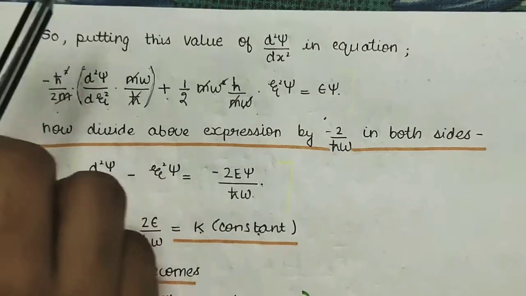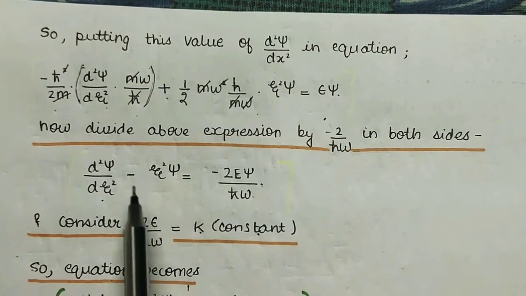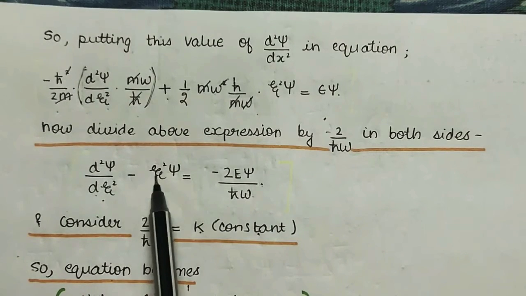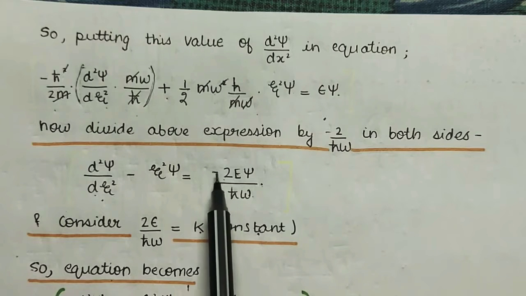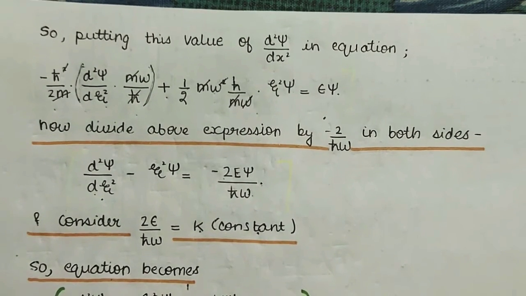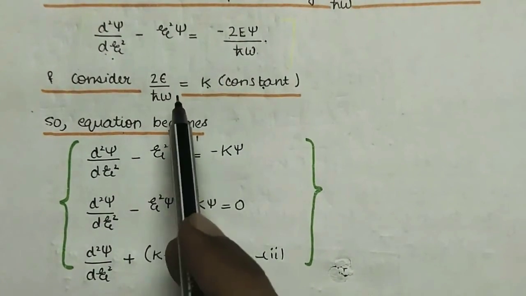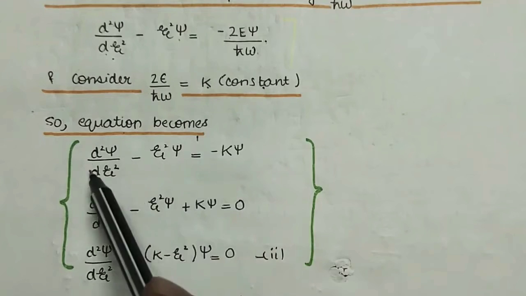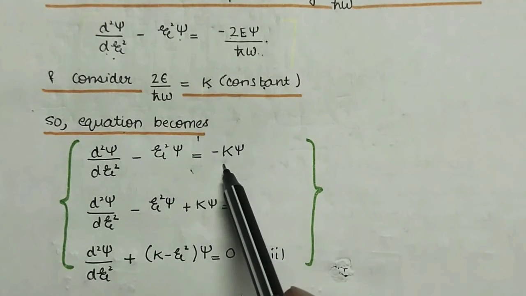So the equation becomes ∂²ψ/∂j² minus j²ψ equals 2E/ħω, which is k. So we are left with minus kψ, minus kψ. Okay, this equation is as it is, and 2E/ħω becomes a constant k.